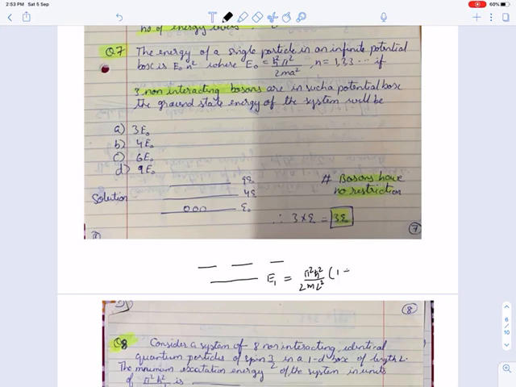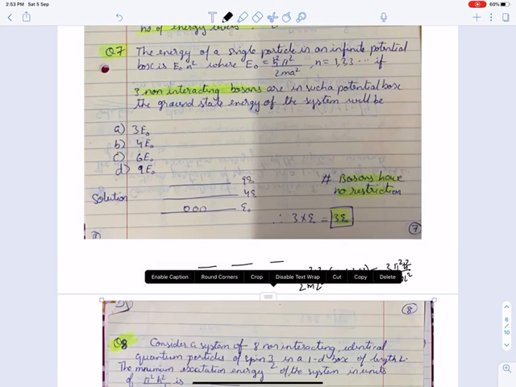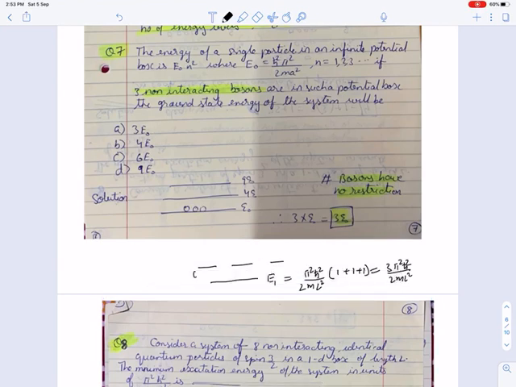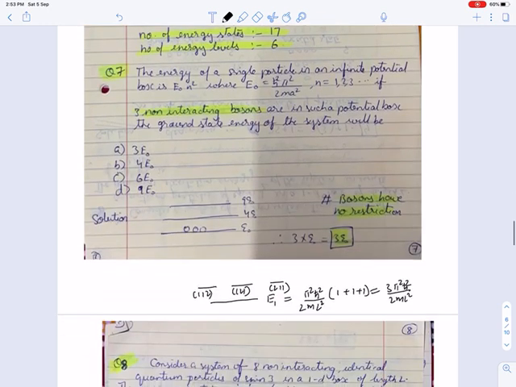So here will come 1 plus 1 plus 1, it will become 3 pi square h cut square upon 2 ml square. And what I mean by this, 1 1 2 state, 1 2 1 state, 2 1 1 state. Okay, so they will have same energy eigenvalue.